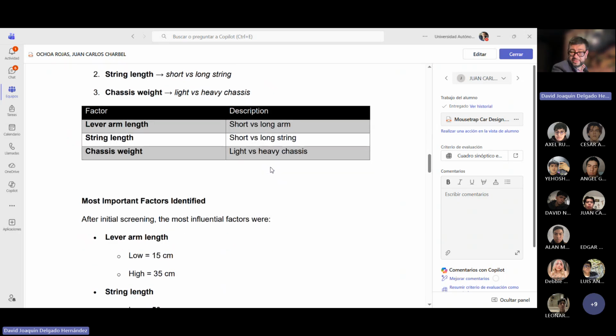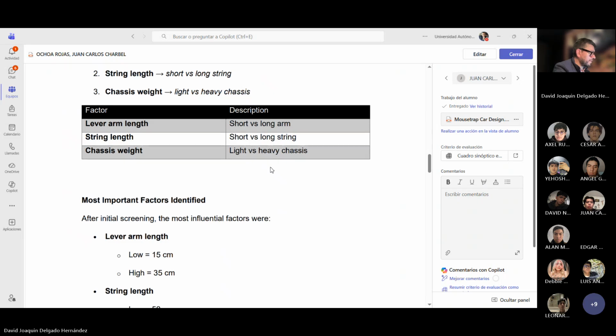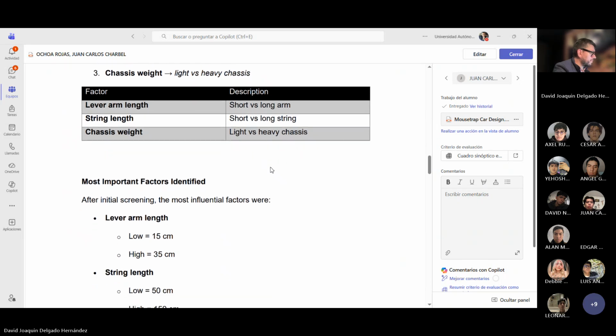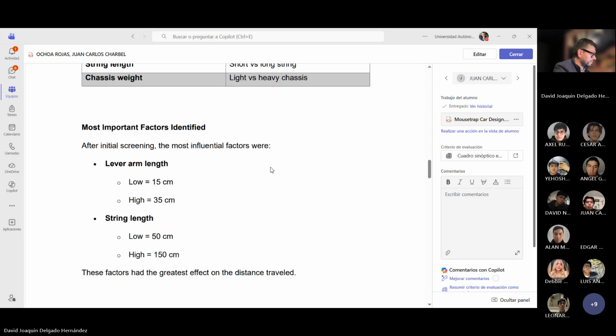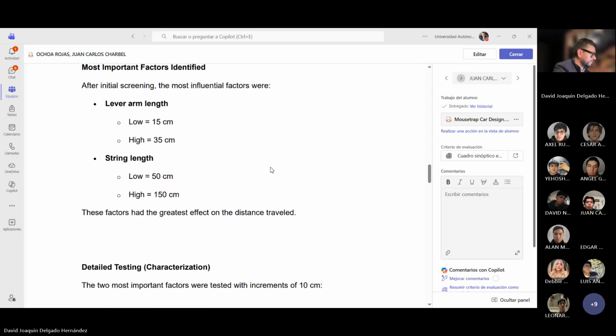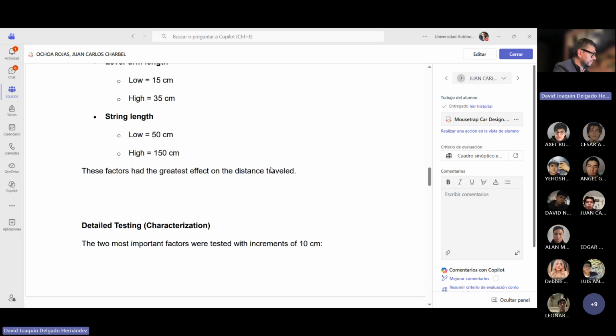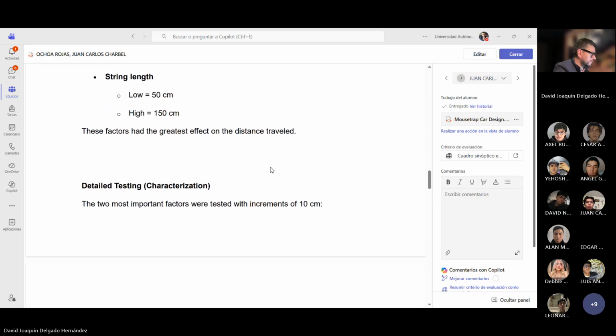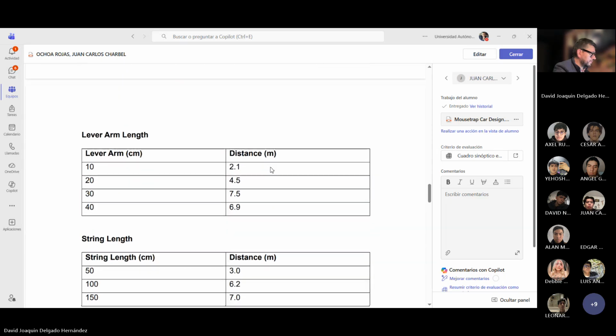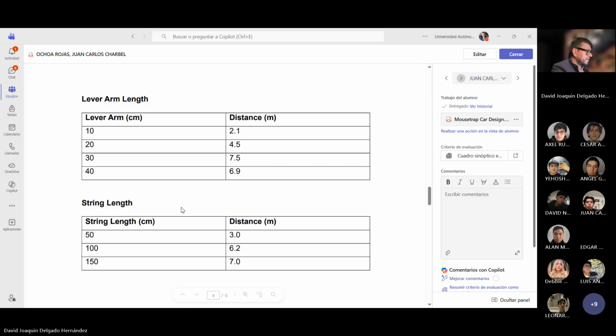How were your results? You carried out the experiments independently, or you made some combinations of these variables?